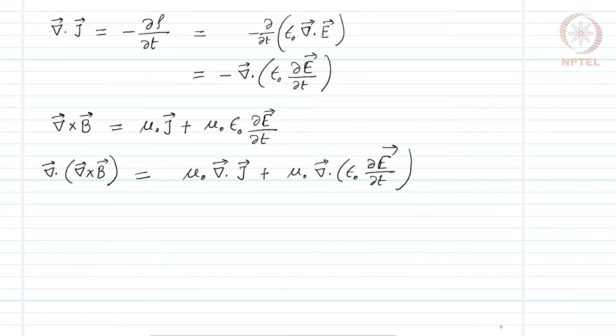Now, from the continuity equation, we can clearly see that the right hand side becomes 0, and the left hand side is also 0 because it involves the divergence of a curl.